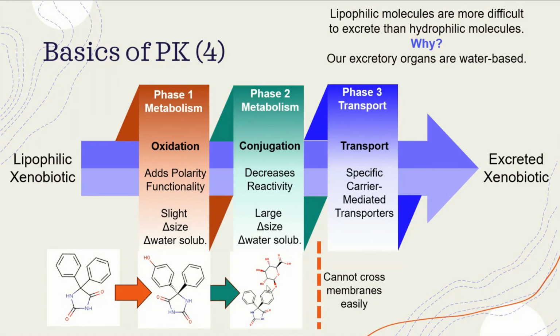And these often have abbreviations SLCs and ABCs that are looking for this particular cargo, able to transport it out of the cell and then hopefully be excreted. The two major sites for drug excretion, of course, are through the kidney and the liver, which will go respectively into the urine and to the bile.